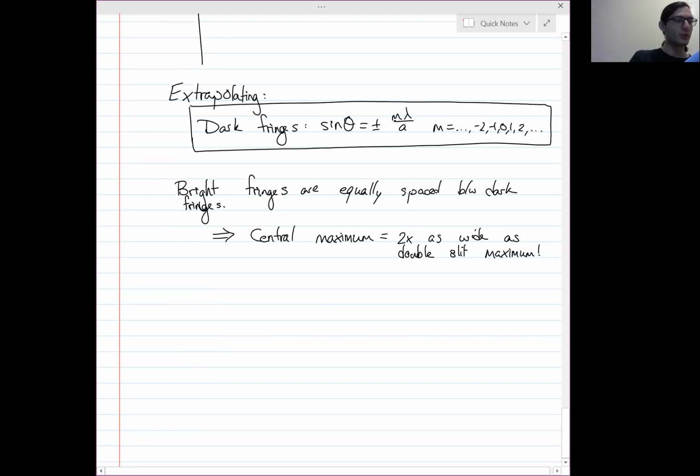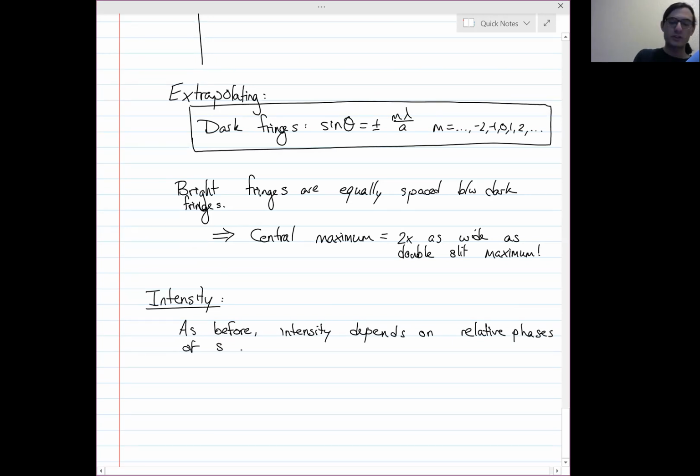Now we get into some of the worst formulas that we're going to see in this course. So let's look at the intensity. As before, we're looking at the intensity at the single slit, by the way. Intensity depends on the relative phase of the source waves, right?